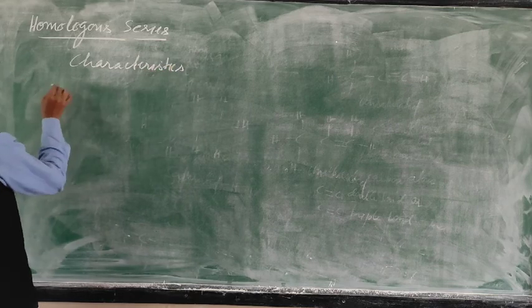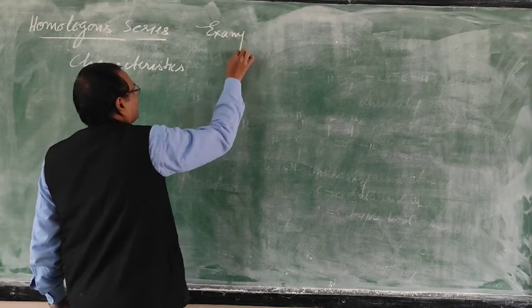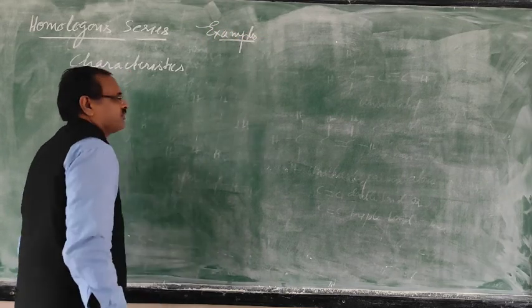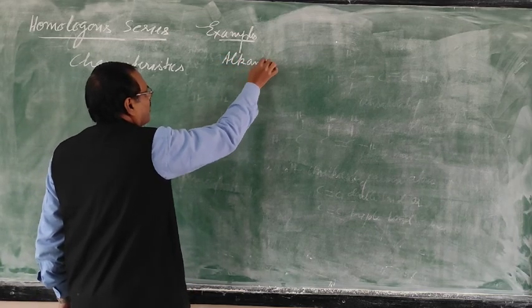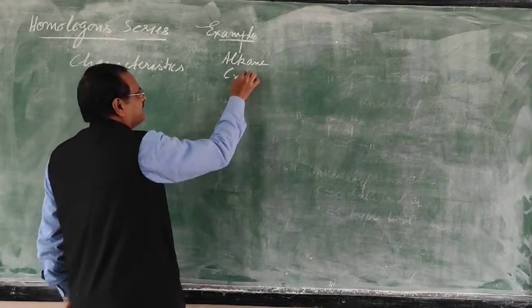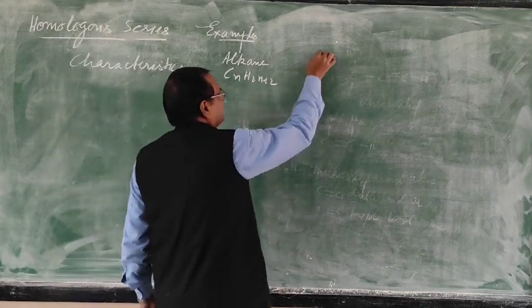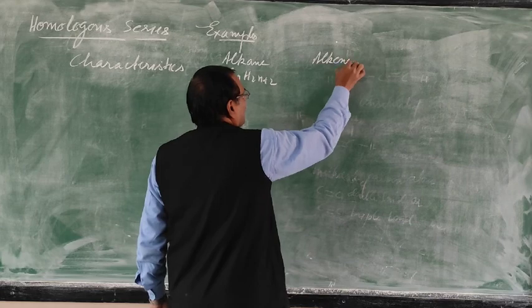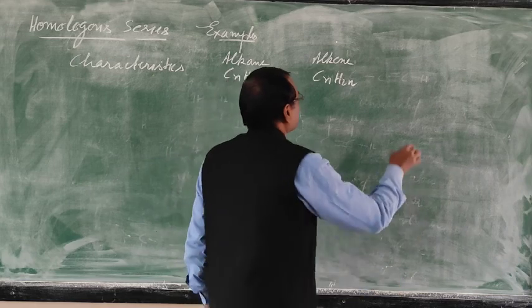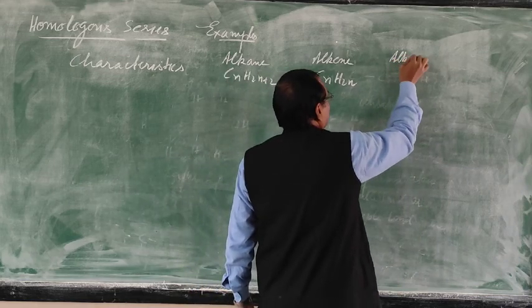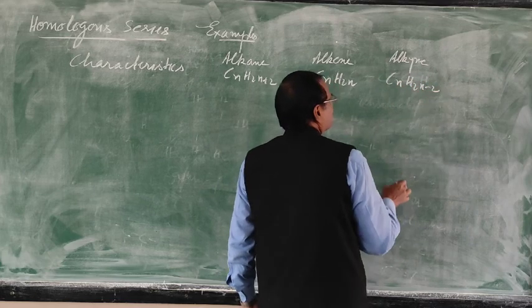First point here, examples of the homologous series. What are the examples of homologous series? Alkane: the general formula is CnH2n+2. Then alkene: the general formula is CnH2n. Then alkyne: CnH2n-2.